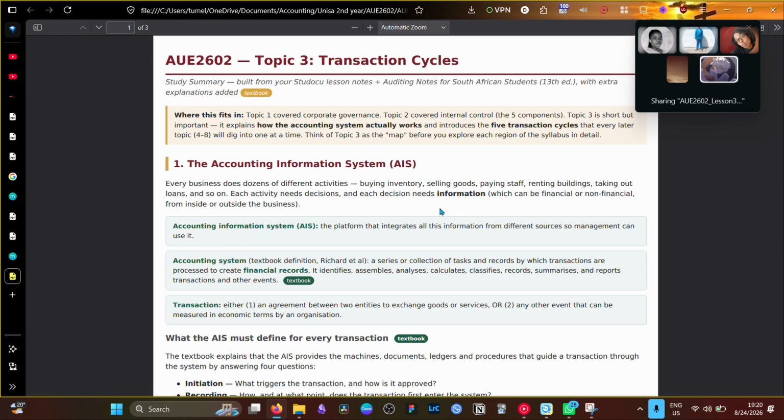Each activity needs decisions, and each decision needs information, which can be financial or non-financial, from inside or outside the business. We looked at this in the morning, when Mobile asked me an important question about accounting information systems.